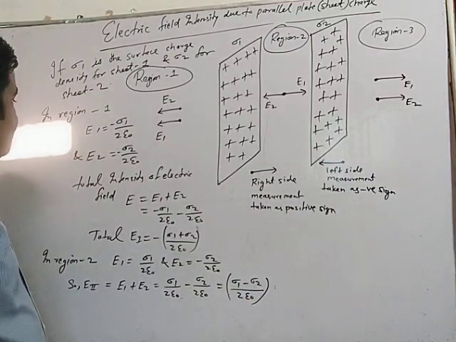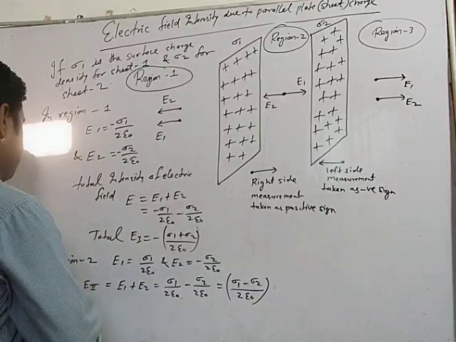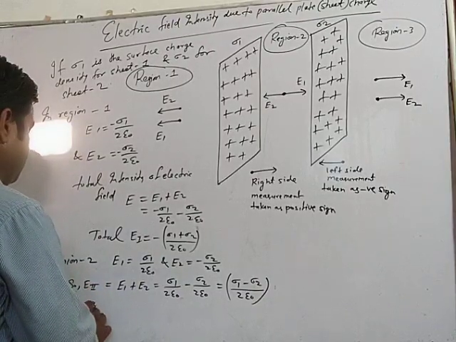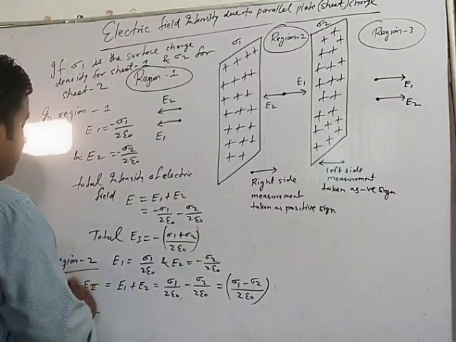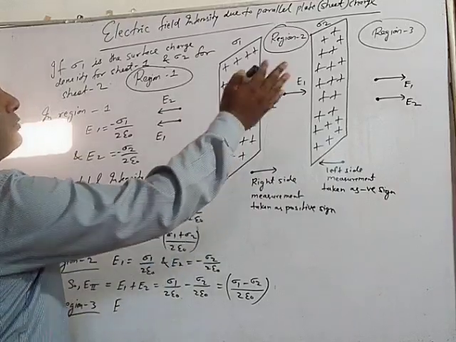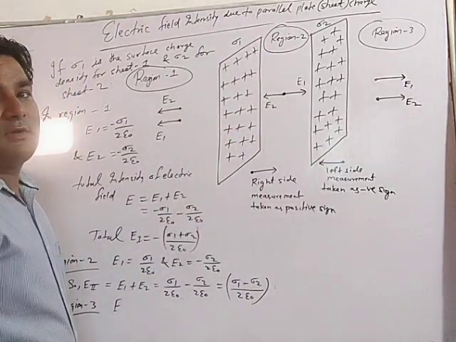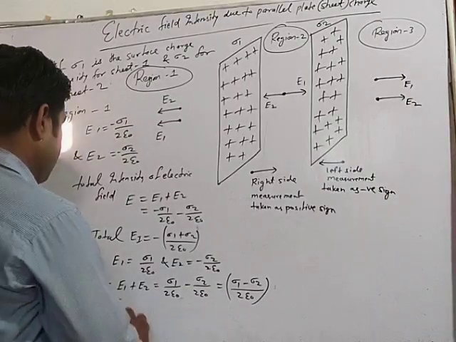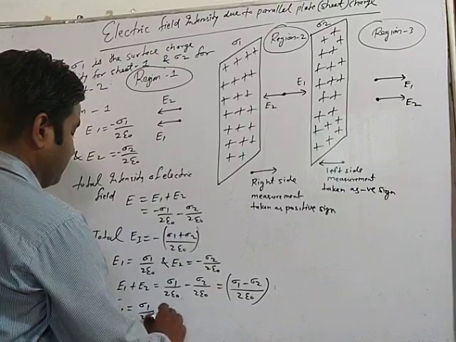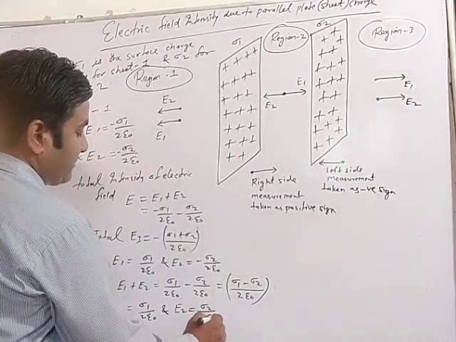And then after, in region 3, E1 is equal to, in region 3 both are in the right direction, which means we can take both as positive. E1 is equal to sigma 1 upon 2 epsilon naught, and E2 is equal to sigma 2 upon 2 epsilon naught.